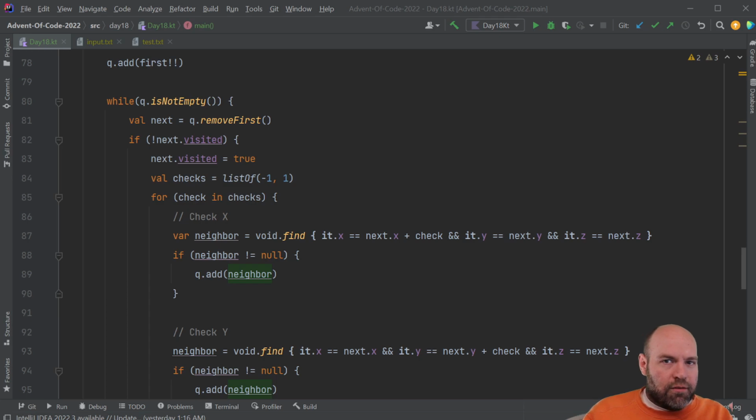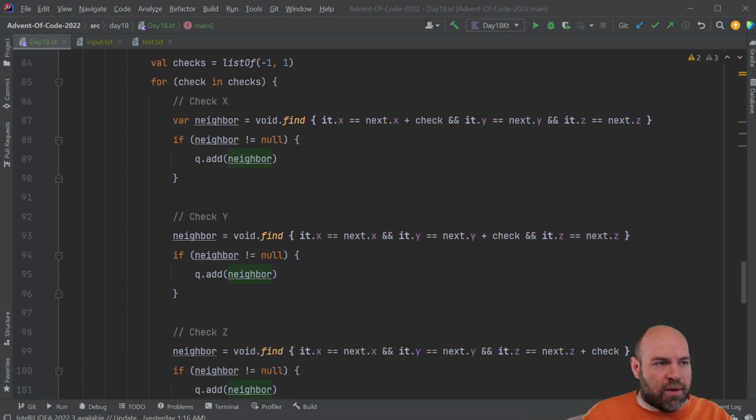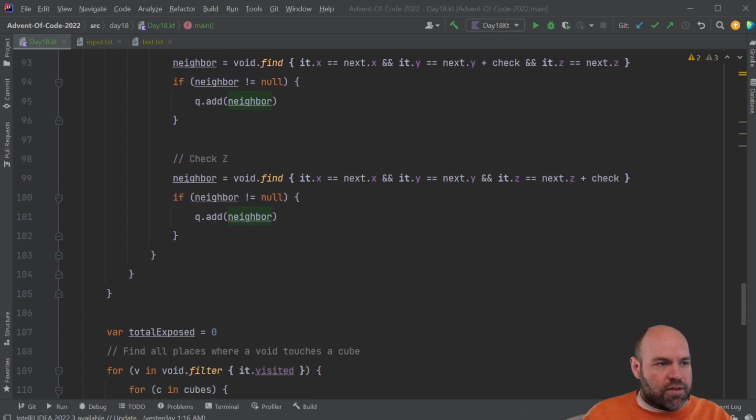Then we run through and do the checks the same way we did in part 1, except in part 1 we wanted to see where cubes did not have a neighbor, and here we want to find pieces that do have a neighbor. So we want to find void that is next to void, and it doesn't matter if we visited it or not, because if we've already visited, we just skip all these checks. And then we add all of them together.